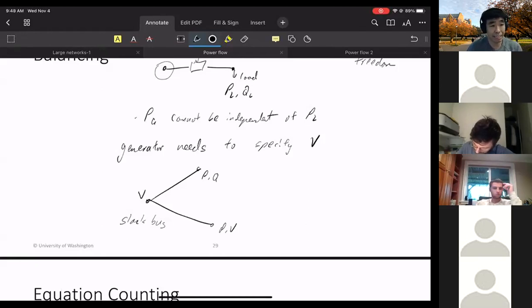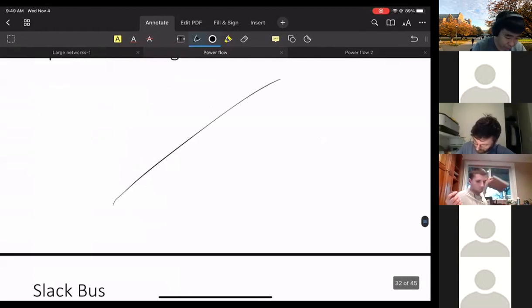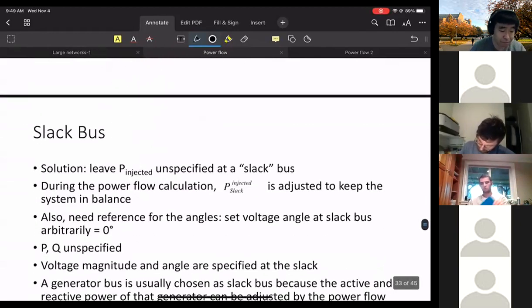So once you make this count, we cover this, and this is called a slack bus. Slack bus basically just means a bus where the injection power is not specified, and is left as a function of all the other variables.